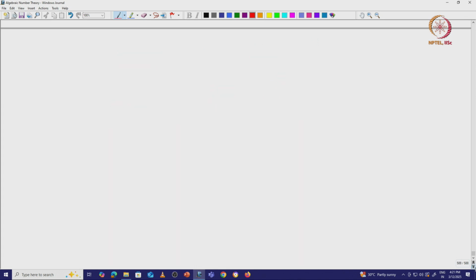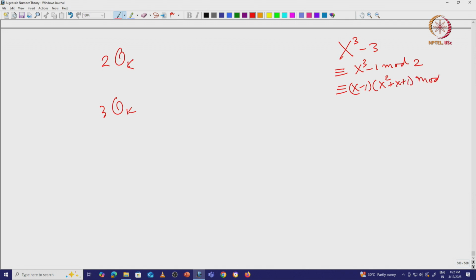So, I have to look at what 2 O_K is and what 3 O_K is, and the polynomial that I am interested in is x cubed minus 3. So, x cubed minus 3 is congruent to x cubed minus 1 mod 2, which you can factorize as x minus 1 into x squared plus x plus 1 mod 2.